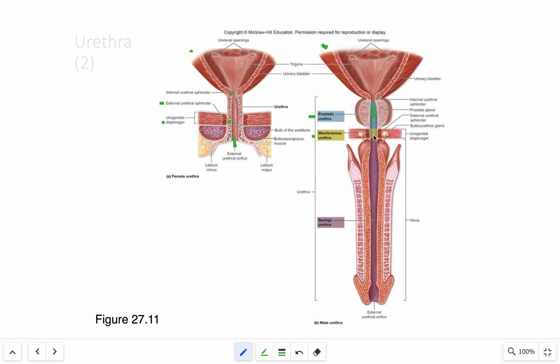It's made of stratified columnar or pseudostratified columnar epithelium. And then finally we have the spongy urethra. It's the longest part of the male urethra, and it extends eventually into the external urethral orifice. So that concludes the structural component of the urinary system.